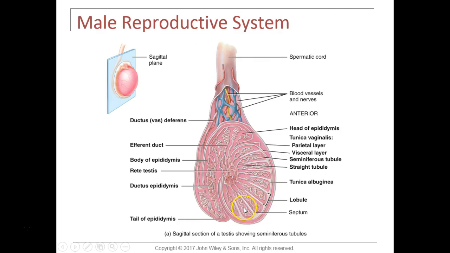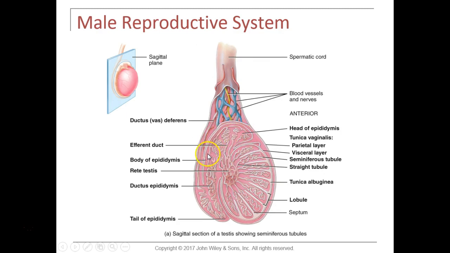But once the sperm cells are made, they travel through a straight tubule into what's called the rete testes, and tubes leading from the rete testes, called efferent ducts, deliver the sperm cells into the tube that is part of the epididymis.